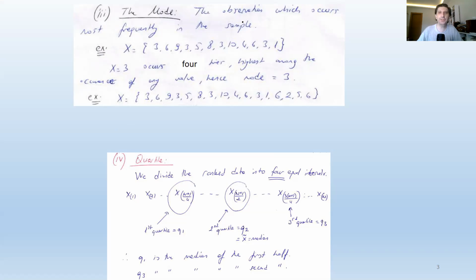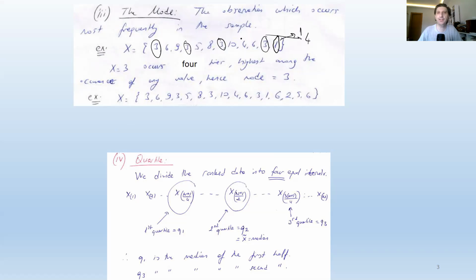So x is equal to these values. Let's say these are the grades of a class between 0 and 10 from a midterm exam, and we would like to describe the location of this class. So we take each observation one by one. For instance, 1 here is a unique observation. It only occurs 1 time. Now, 3 here and here and here and here occurs 4 times.